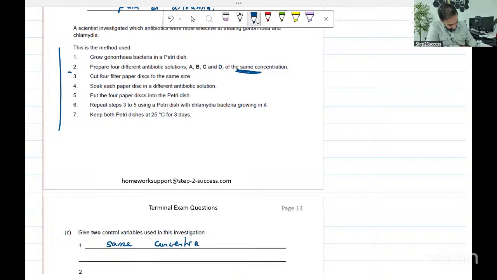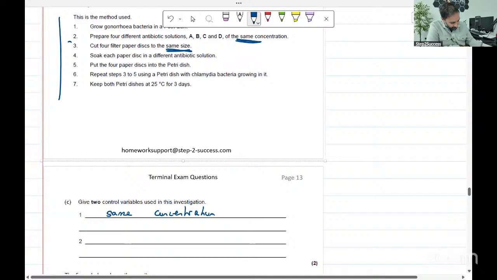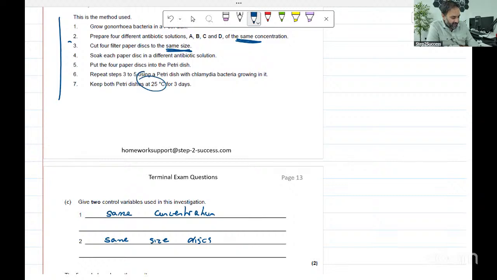That's something they've kept the same for all of them. They've also used four discs of the same size. That's something else they've controlled. They've also kept everything at the same temperature for the same amount of time. That's also a control variable. It's things we keep the same.